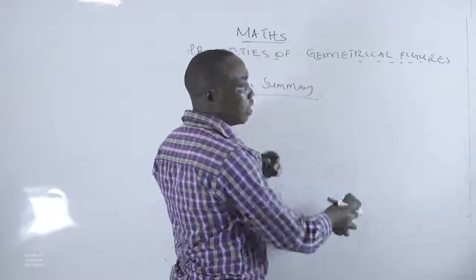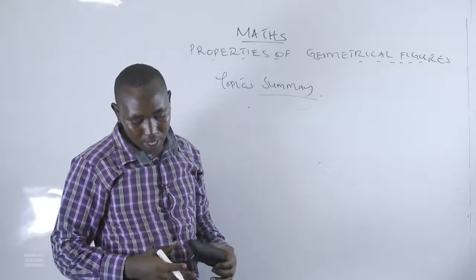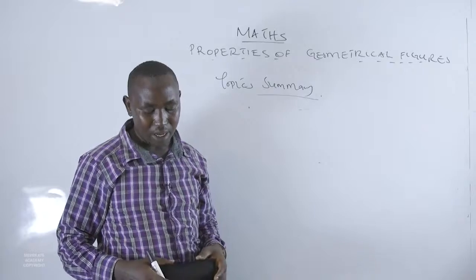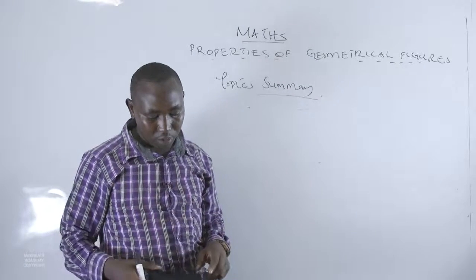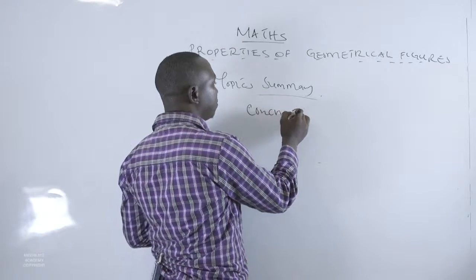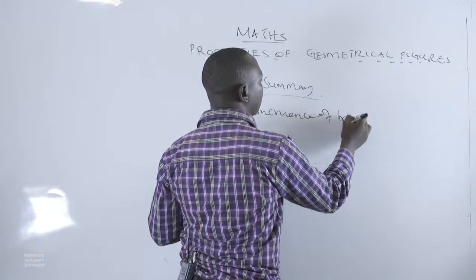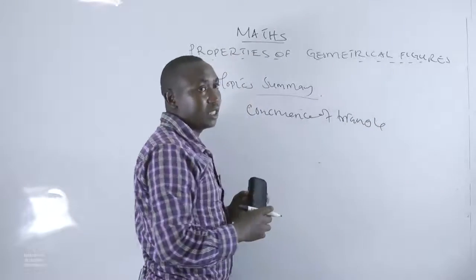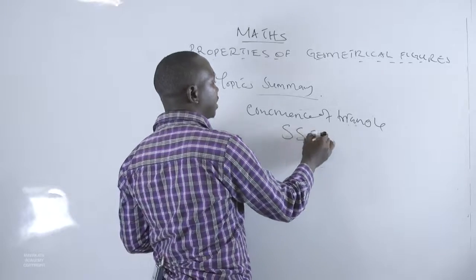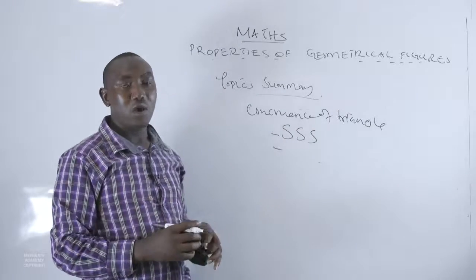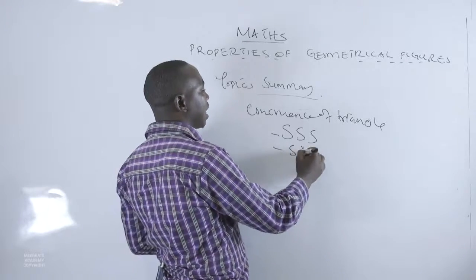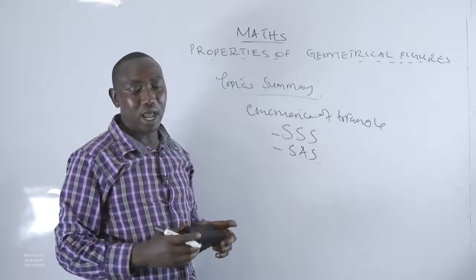We have also been able to look at congruency and similarity in triangles and how they can be applied. We mentioned specifically congruency of triangles. We said there are several tests that we can use to show that triangles are congruent. We talked of the side-side-side test, where all the sides are going to be equal. We talked about the SAS, that is two sides and an included angle.